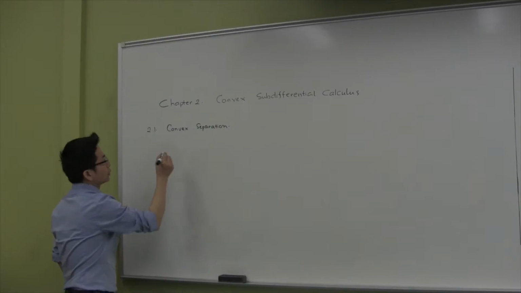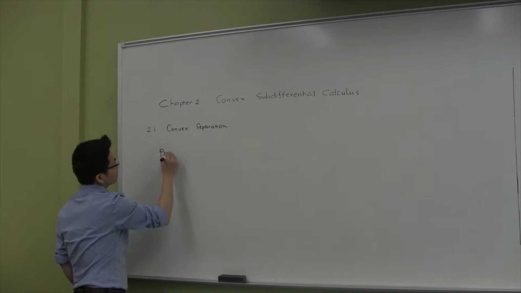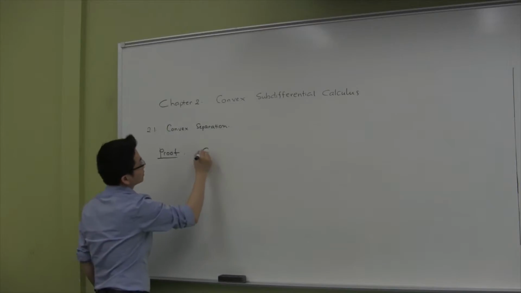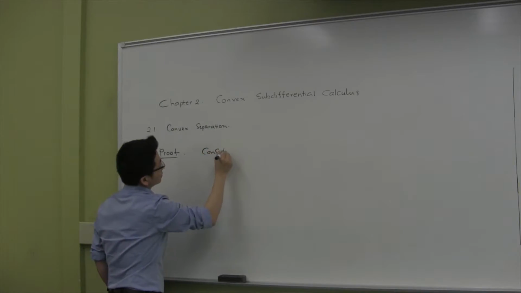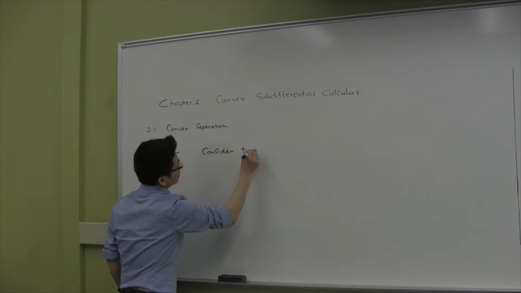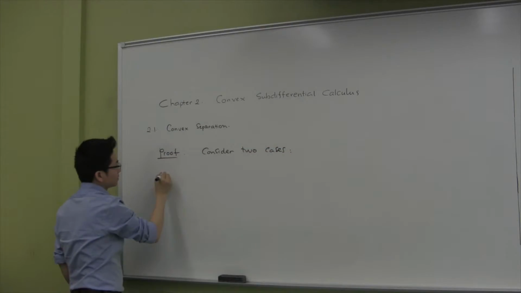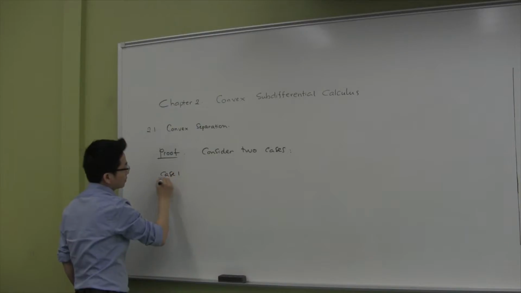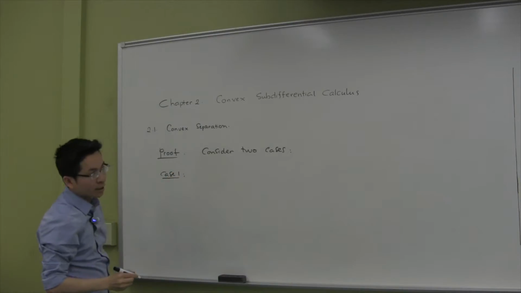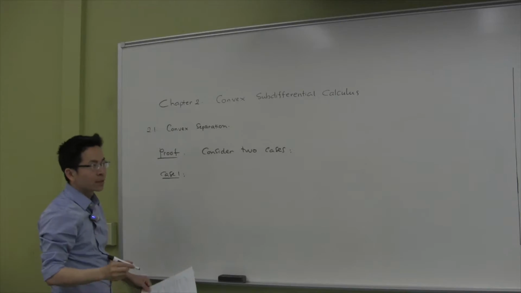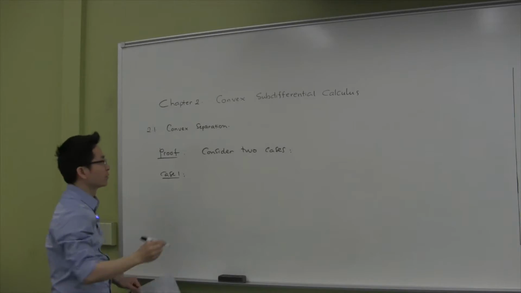Okay, so the proof goes as follows. We consider two cases. Case 1. In the first case, we assume that 0 doesn't belong to the closure of omega.